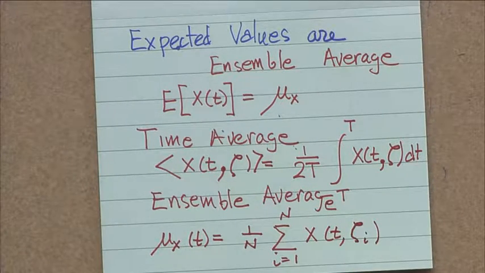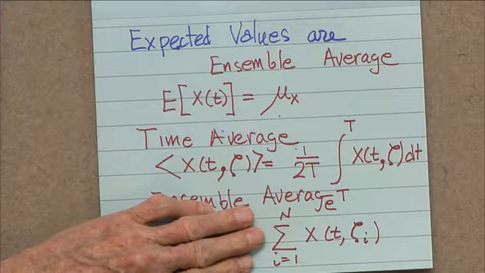That's an ensemble average. As capital N goes to infinity, remember we talked about this right here.